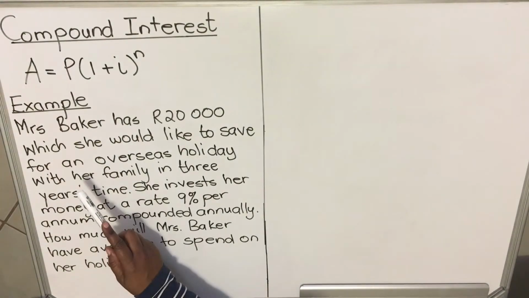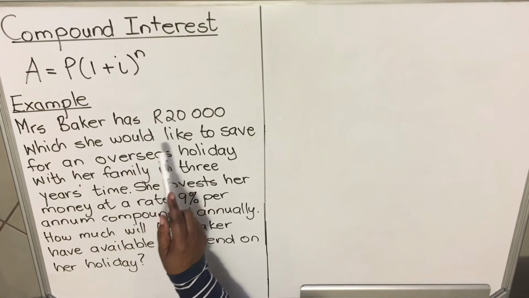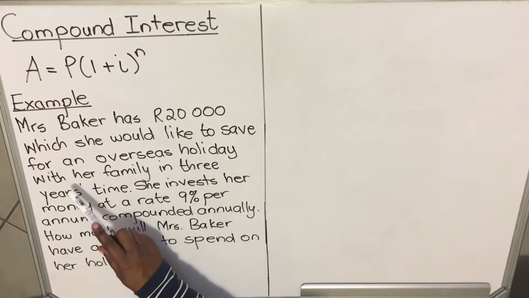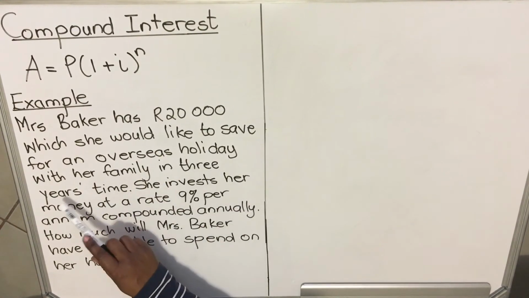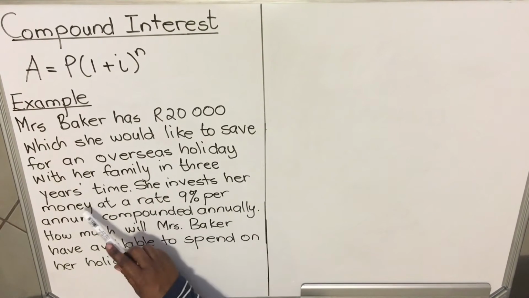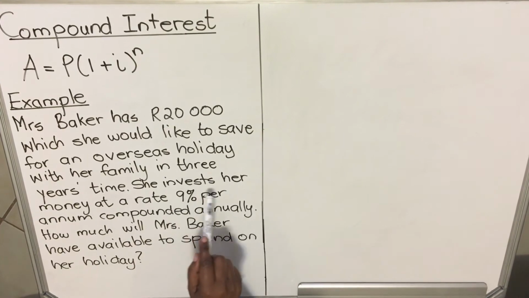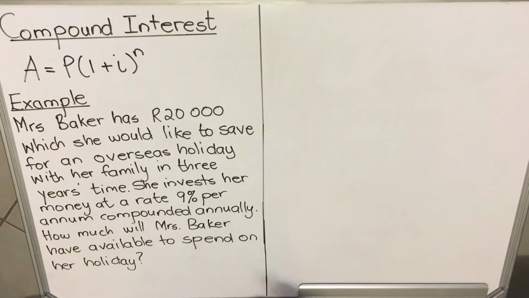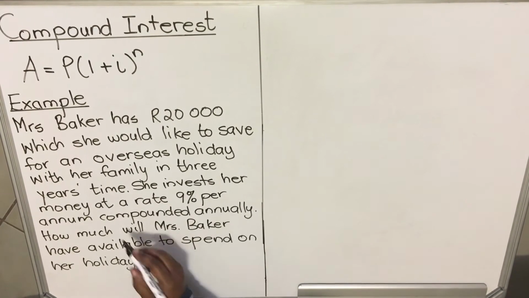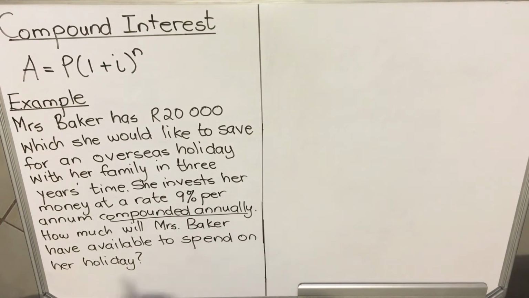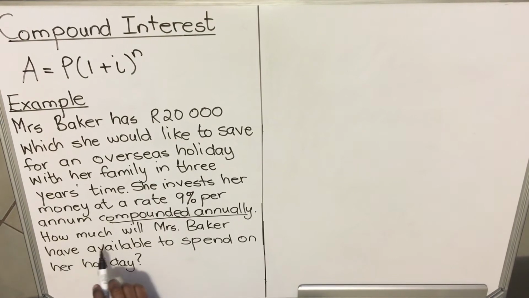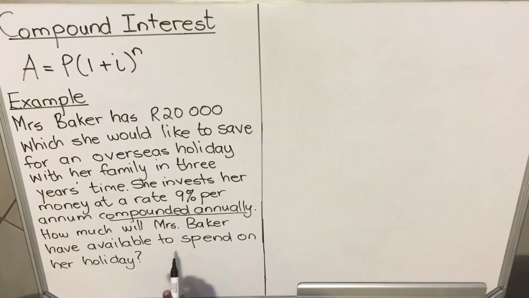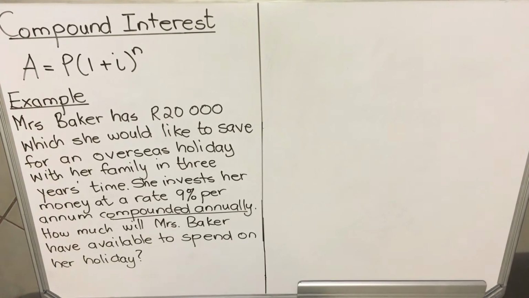It says Mrs. Baker has 20,000 which she would like to save for an overseas holiday with her family in 3 years' time. She invests her money at a rate of 9% per annum, compounded annually. Then the question: how much will Mrs. Baker have available to spend on her holiday?